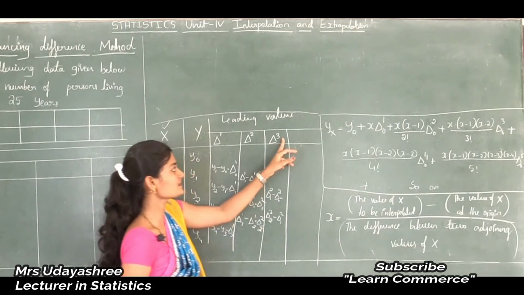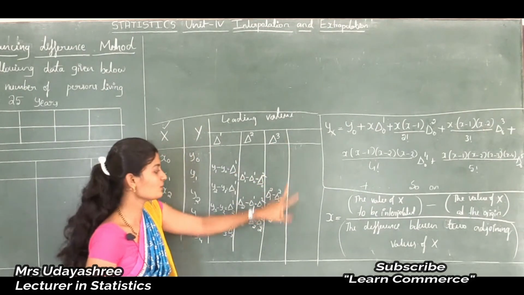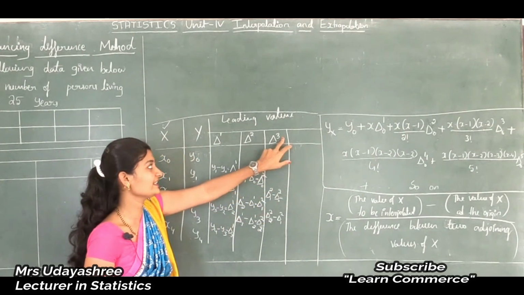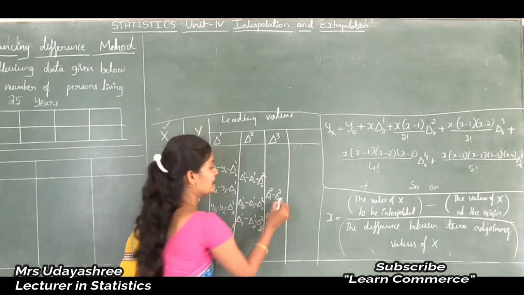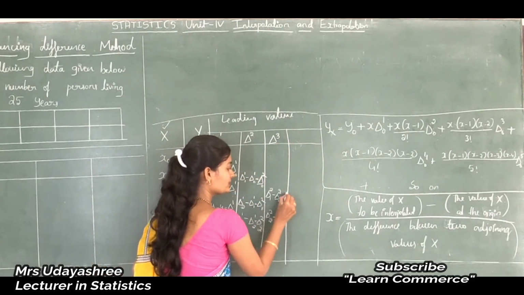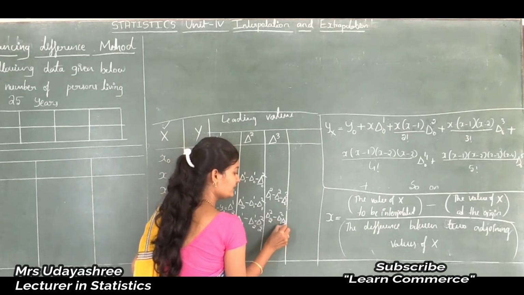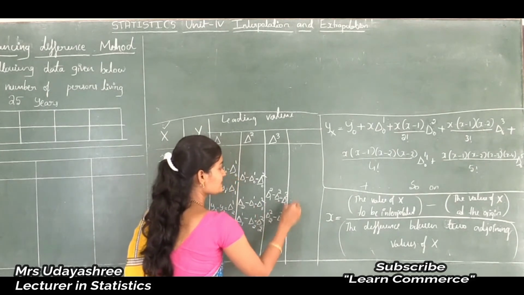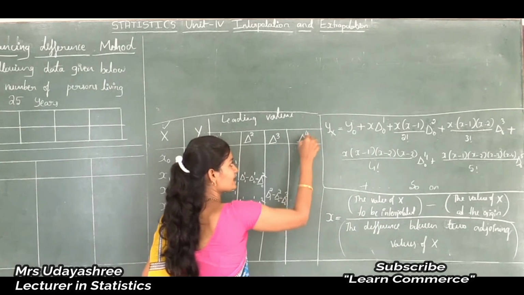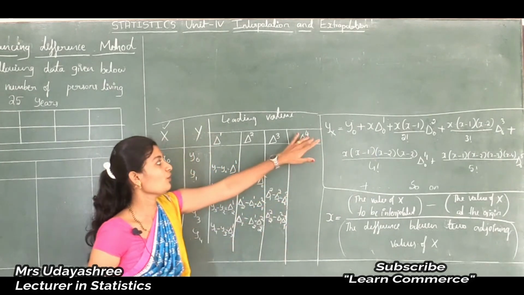So this is the third leading difference value. The first value of the third leading difference is delta naught 3, and this is delta 1 3, and next one more column is there, that is delta 4. So this is the fourth leading difference.